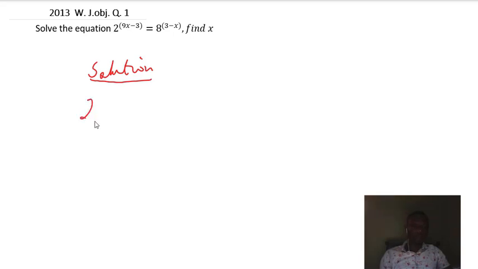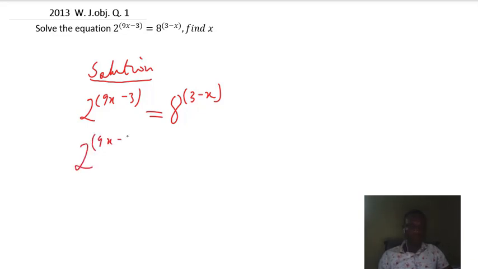We have 2 exponent bracket of 9x minus 3 and all equal 8 exponent bracket of 3 minus x. So here we still maintain the 2, then bracket of 9x minus 3 and it's equal to, but 8 can be written as 2 exponent 3 then times the bracket, which is 3 minus x.